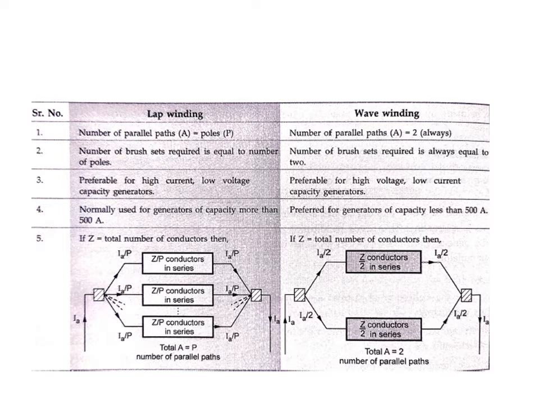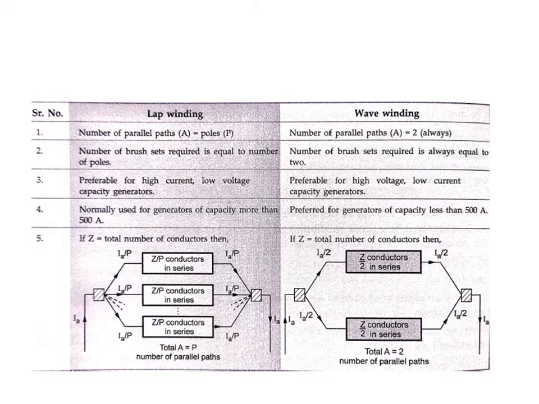But in the case of wave winding, the number of parallel paths is always equal to 2. Only 2 parallel paths. So A, the number of parallel paths, is always equal to 2 in wave winding. But in the lap winding, the number of parallel paths is equal to the number of poles.